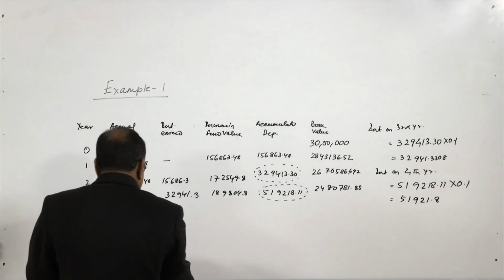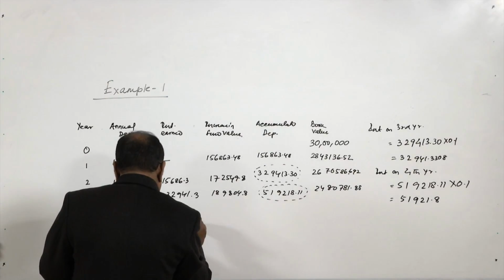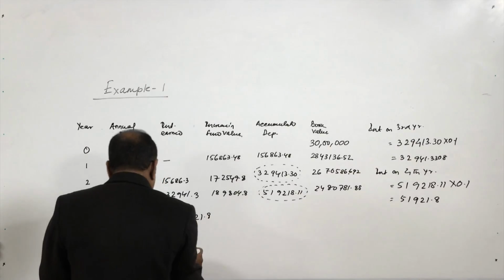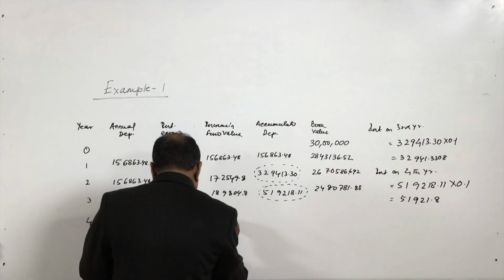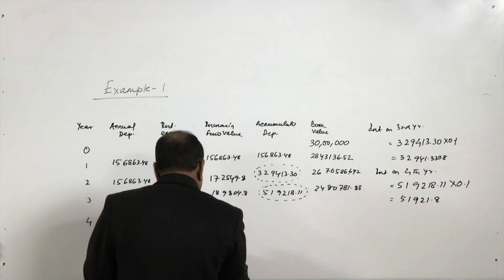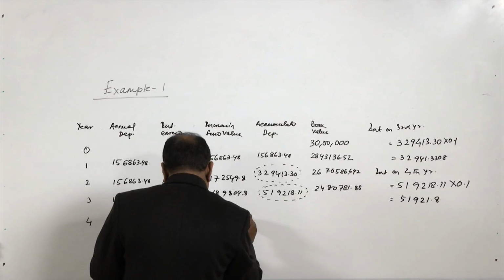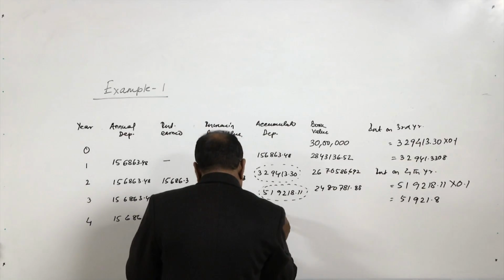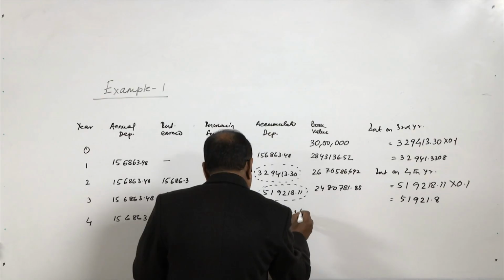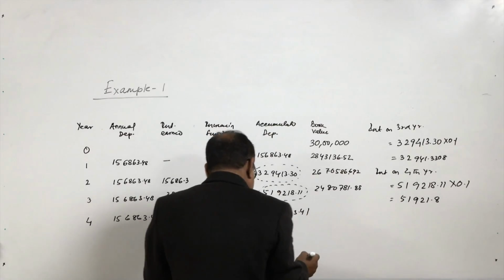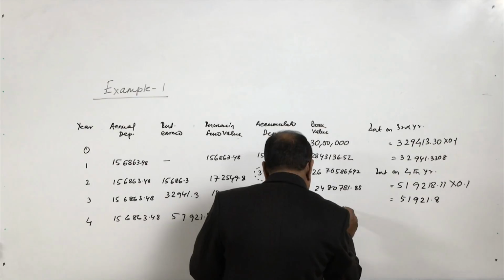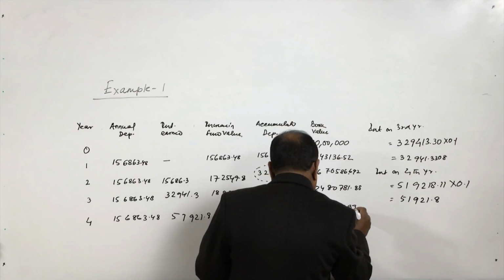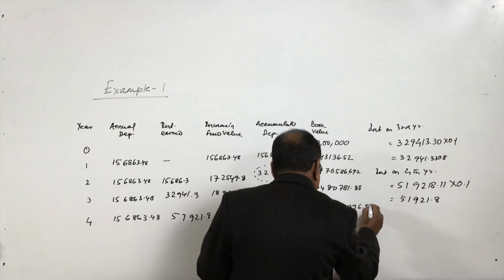So, this will be 51921.8, this will be 20,008, 878529, this is 72,800,341 and this will be 2271,996.589.